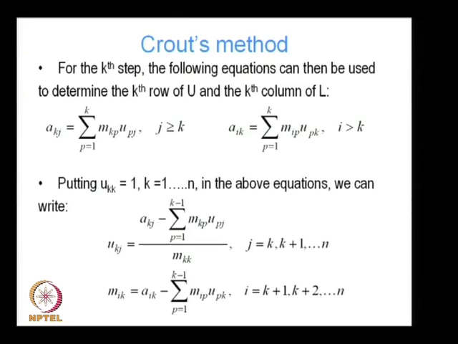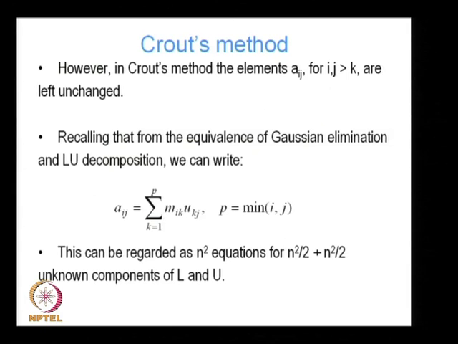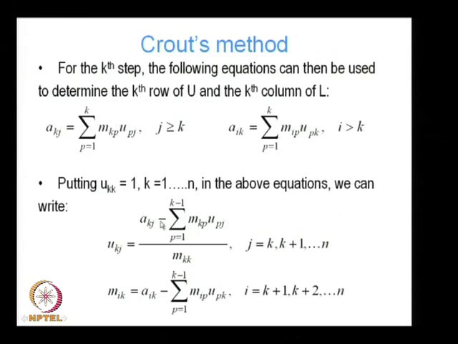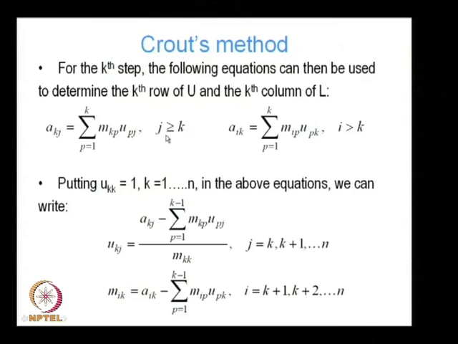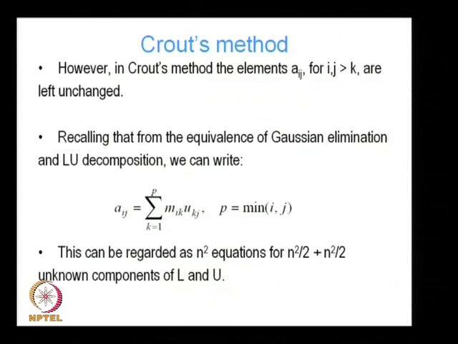That I can find by using this equation, but now the limit of the summation has changed from p to k. Why is that? Because of this condition that j must be greater than or equal to k, and this condition that p is the minimum of i and j.